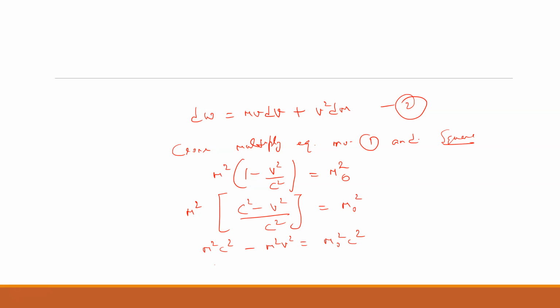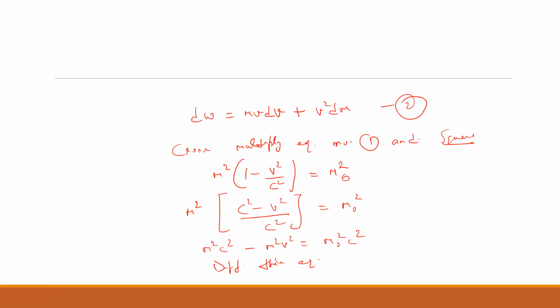Now again differentiate this equation. It will become c square 2m dm, since the differentiation of m square is 2m dm, minus m square 2v dv minus v square 2m dm, because both m and v are variable in m square v square.